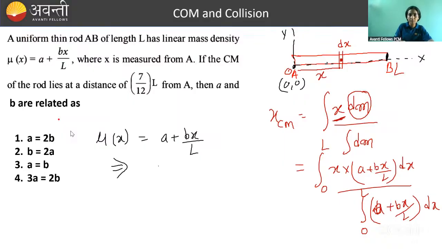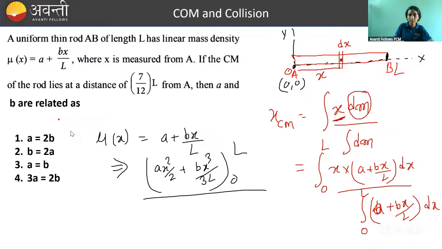In the first case, it will be a x square by 2 plus b x cube by 3L, from 0 to L, divided by a x plus b x square by 2L, from 0 to L. If we put in the value of L, what are we going to get?